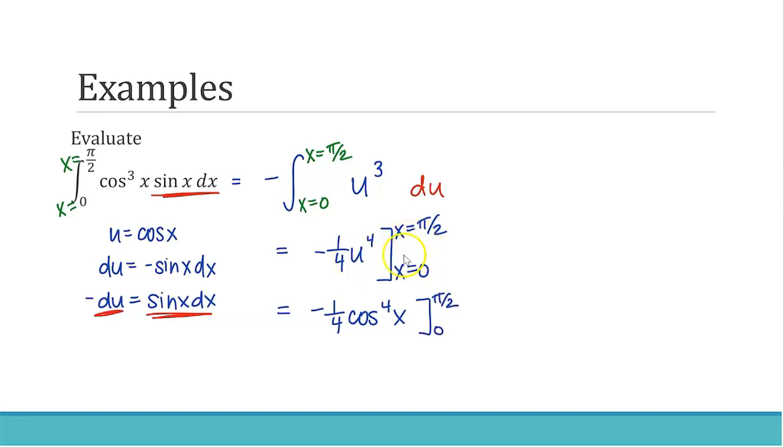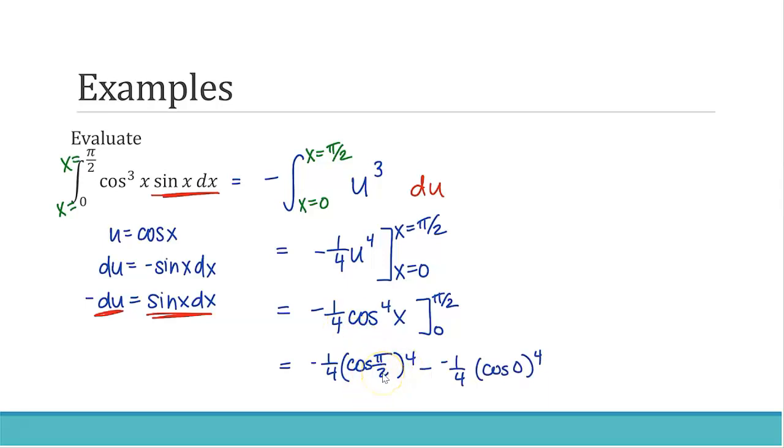And now you can stop writing x equals because you put x back in. So all the variables and limits here match. And then you'd plug in pi over 2 and then you'd plug in 0. So you'd get negative 1/4 cosine of pi over 2 to the fourth, minus negative 1/4 cosine of 0 to the fourth.